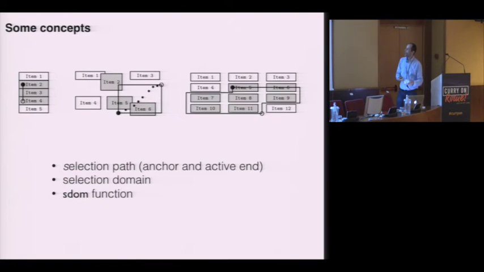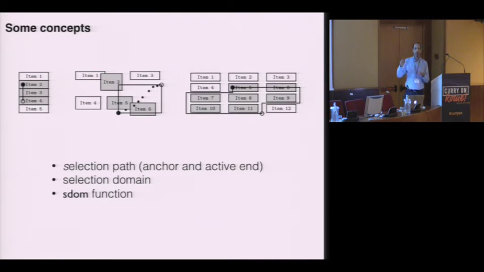Okay. So some concepts to understand the model. We know about the anchor and the cursor or the active end. Typically you think of you select from somewhere to somewhere, but we generalize it into a bunch of points. When you shift click multiple times, you're specifying many points with a mouse or finger or such. Or when you drag, there's multiple points being selected. So instead of just an anchor and the active end, the programmer or the user specifies somehow a path of points, and we call it the selection path.